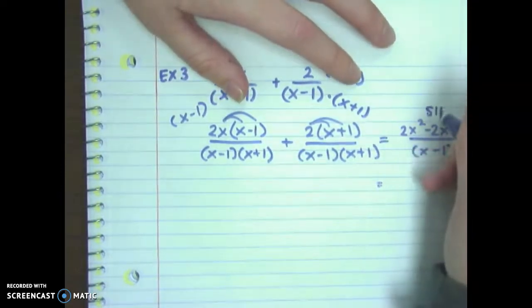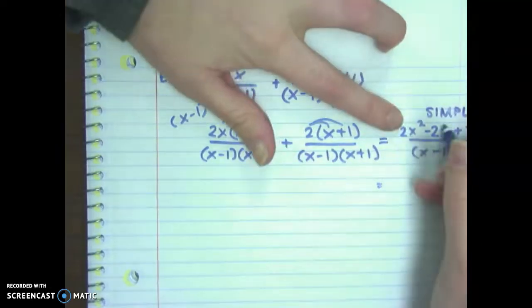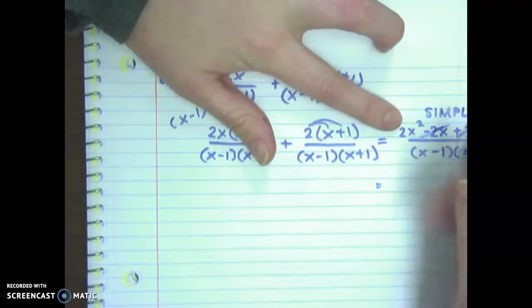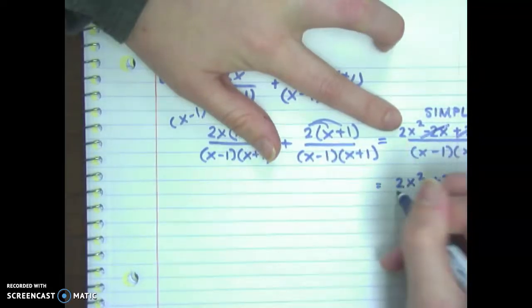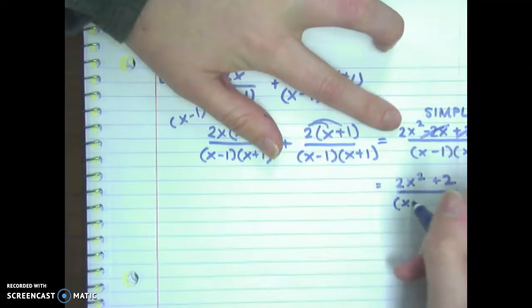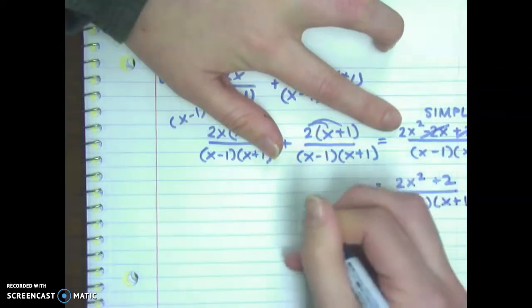Simplify by combining like terms. Negative 2x plus 2x is 0, so my numerator becomes 2x squared plus 2 over x minus 1 times x plus 1. And then factor.